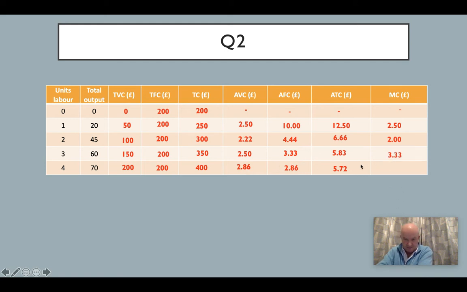Then in the third instance, where we've got a change in total cost of another 50, we're dividing that by the change in quantity of 15, hence we end up with £3.33. And finally, last but not least, where we've got an increase in total cost of 50 but a change in quantity of 10, that's going to give us £5.